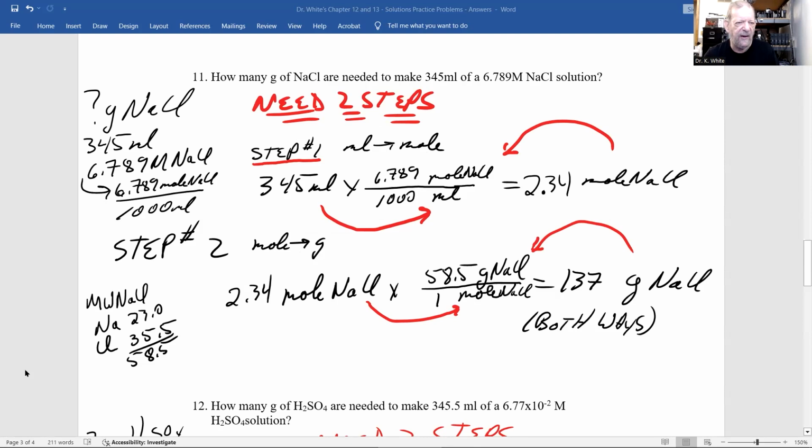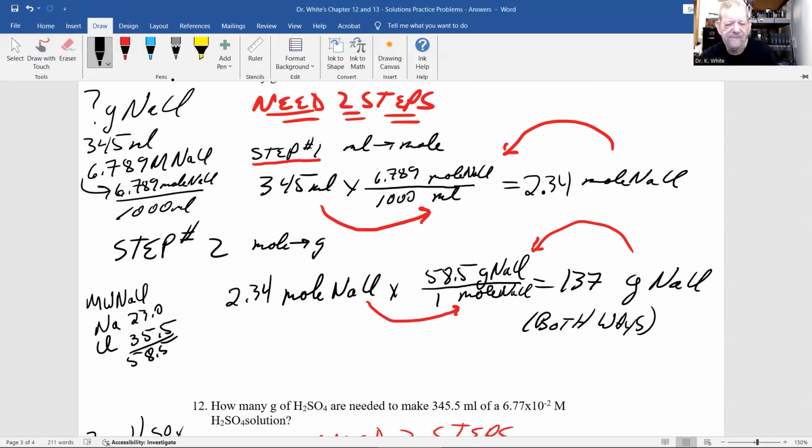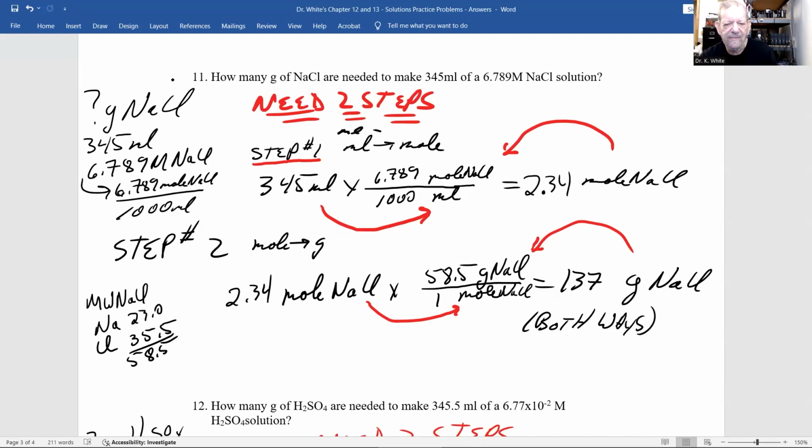And for those who can't read cursive, I have 345 milliliters. I want to get the moles of NaCl.